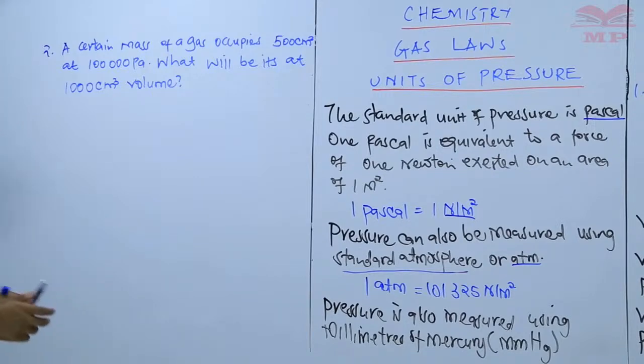A certain mass of a gas occupies 500 centimeters cubed at 100,000 pascals.